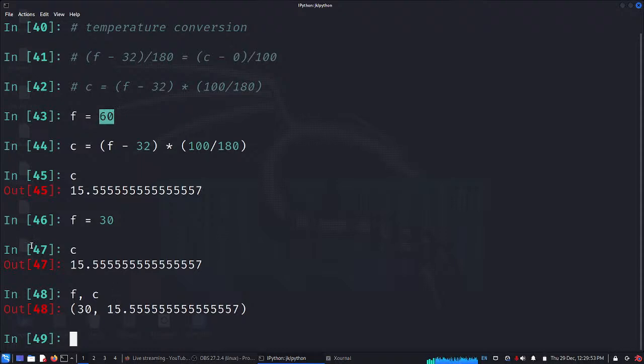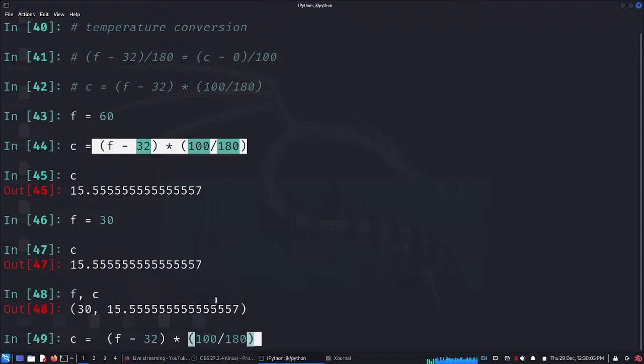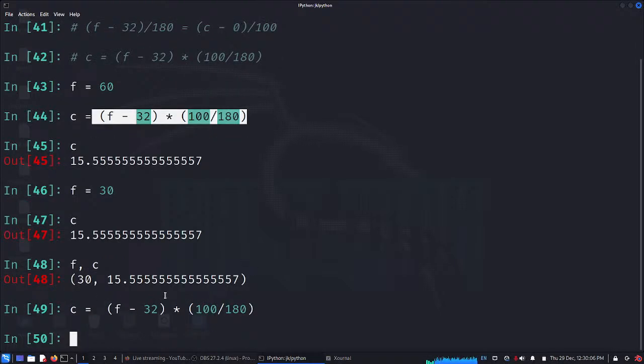They are not corresponding. So if I want to calculate again, I have to write the same formula once again. Every time I want to do the Fahrenheit to Celsius conversion, I need to keep writing this formula in several different places. I have to keep repeating it.